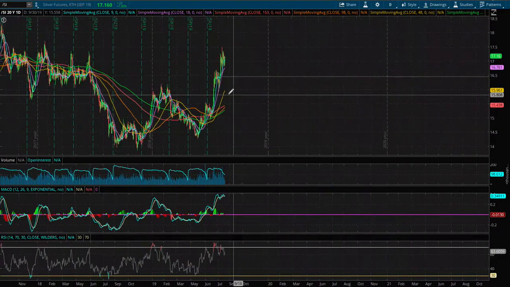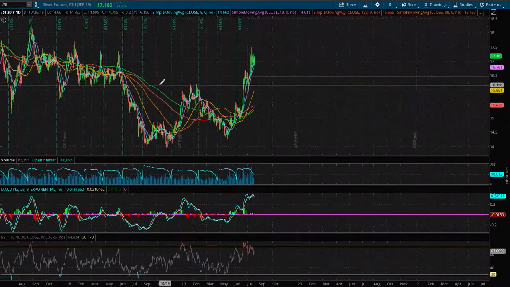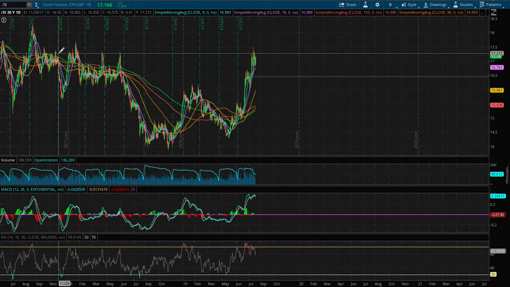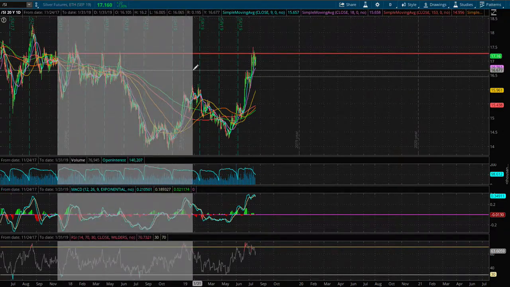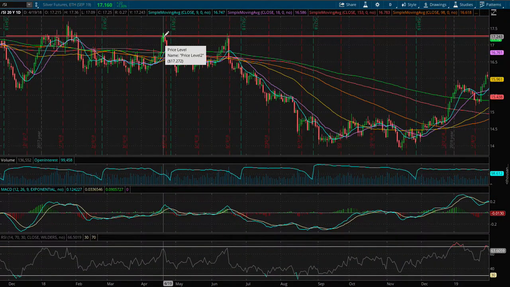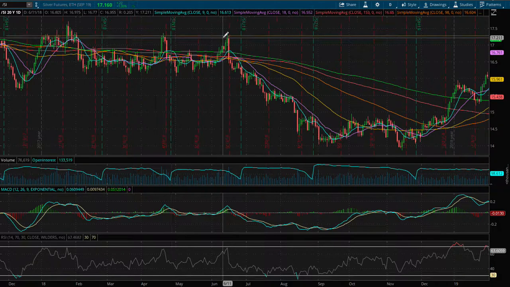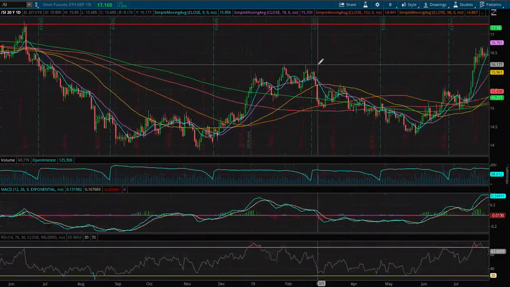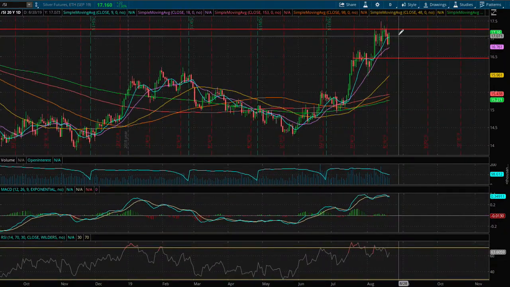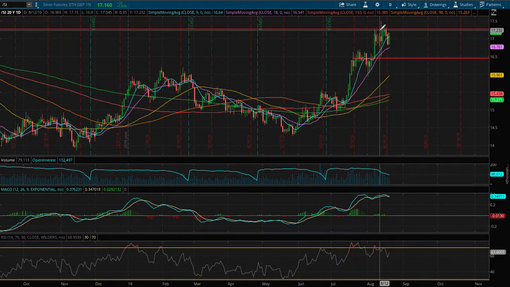So I do see several resistance that dated around the price of $17.30, and these peaks or resistance dated back to November 2017 to, I would say, April 2018 and June 2018. So we have multiple year highs for it and we are near it.